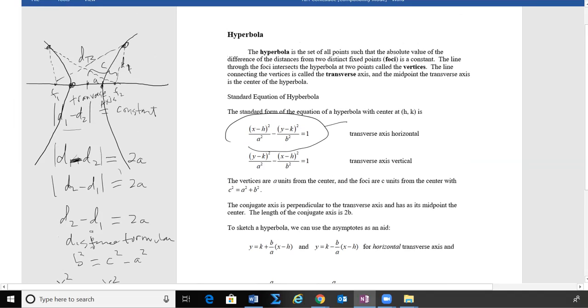It comes from the fact that if you start working with this equation here, let's assume that the center is right at the origin, just for simplicity's sake, and then solve this for y.